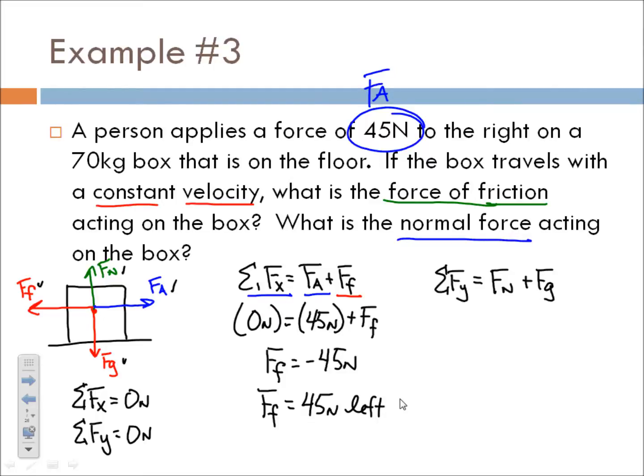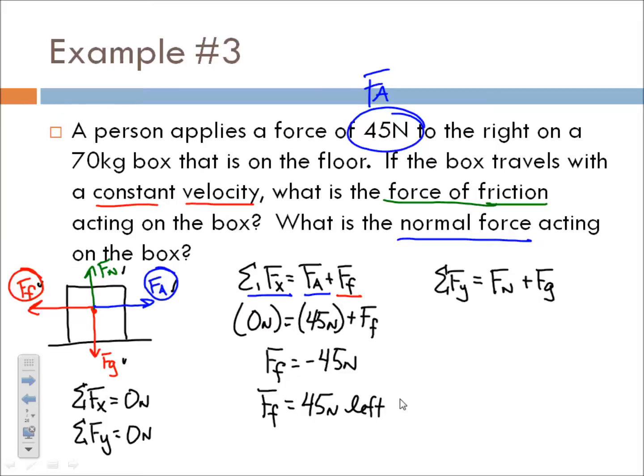Now, if we had really thought about this, just looking at our free body diagram, we probably would have already known this answer. If the applied force right over here were 45 newtons, the only way this force could be balanced is if the force of friction were exactly the same number, 45 newtons, but in the opposite direction.